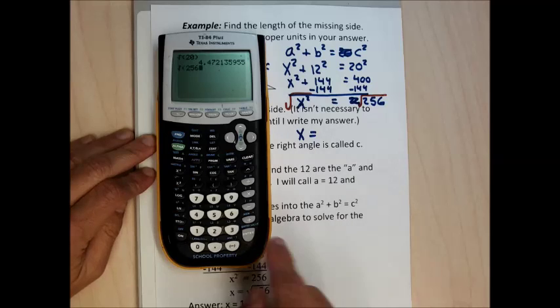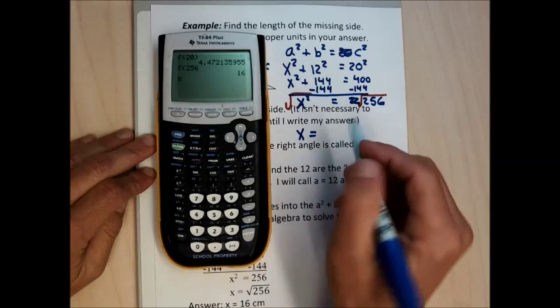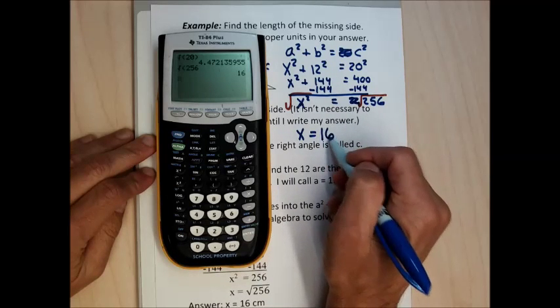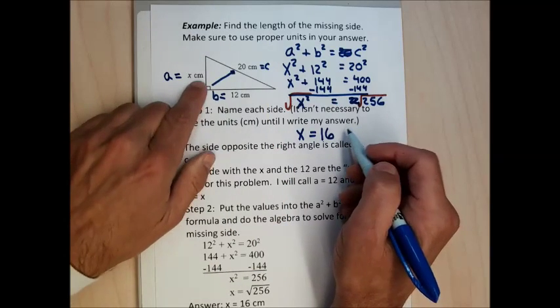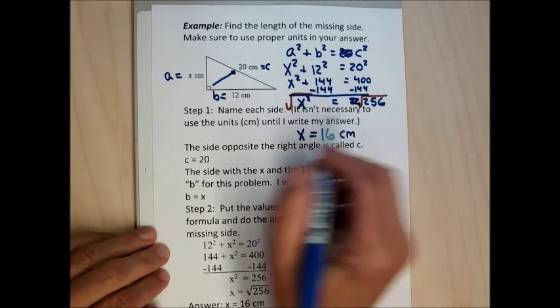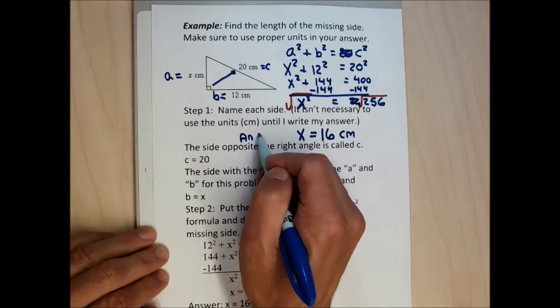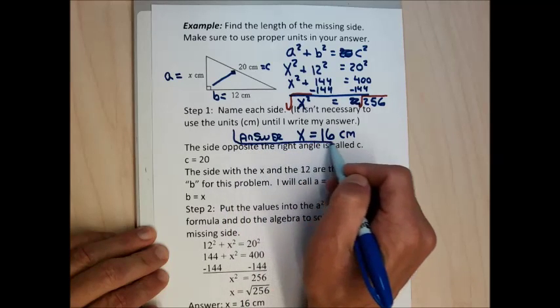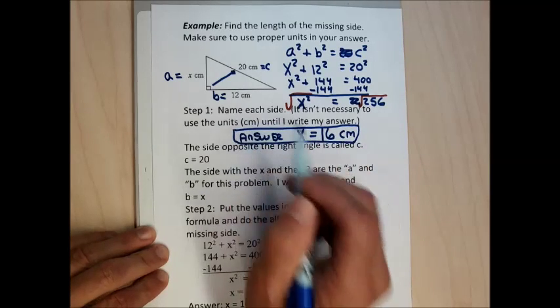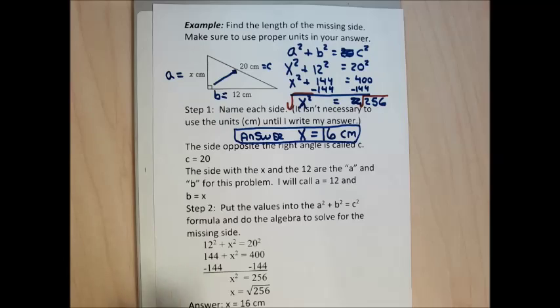I don't really have to close the parentheses. And the square root of 256 is 16. And I need units in my answer because the lengths of this triangle are in centimeters. I'm going to attach centimeters to my answer. So the answer to finding the length of the missing side, because it's labeled as x in this problem, I'm going to say x equals 16 centimeters.